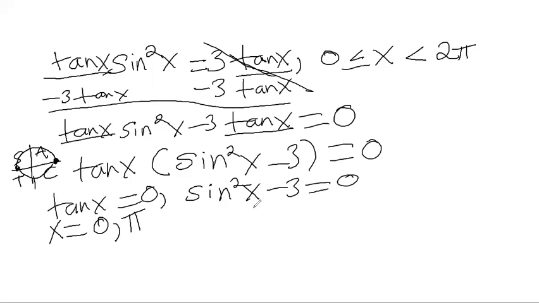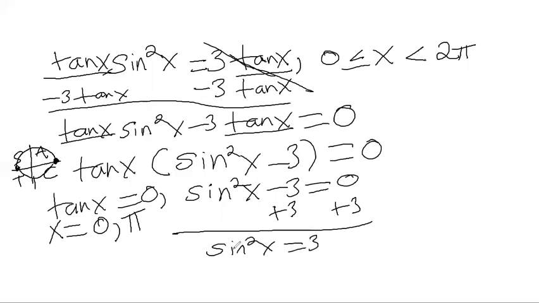Now, if I look at this part, sine squared of x minus 3 equals 0. I want to solve for sine. First things first, add 3 to both sides. You get sine squared x equals 3. Take the square root of both sides, and you get sine of x equals plus or minus the square root of 3.